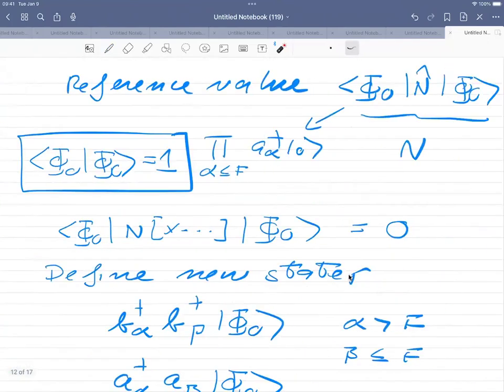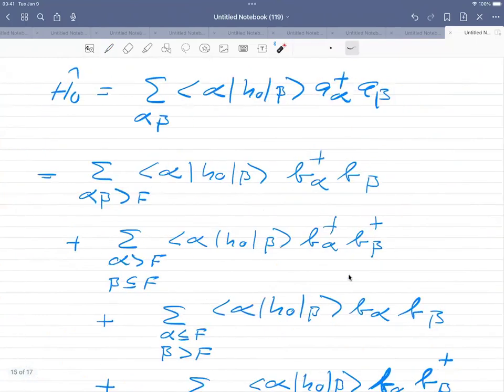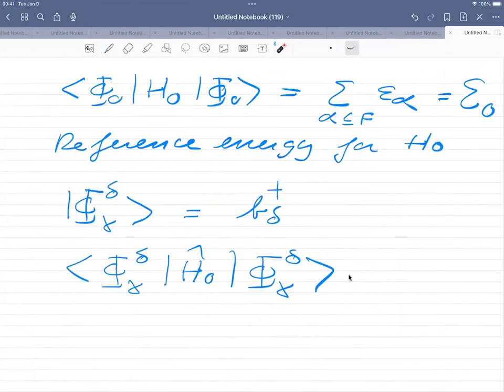So let's go back to where we were. So this specific state which we're having is going to be given by a B gamma dagger acting on the vacuum state, the new vacuum state, with those operators.